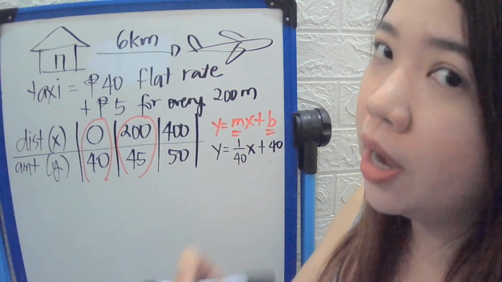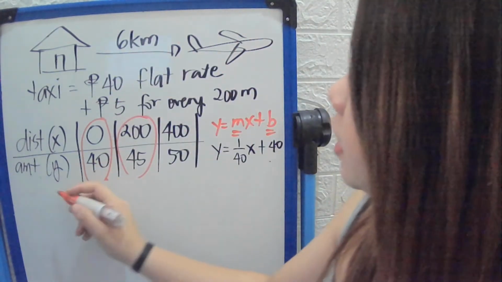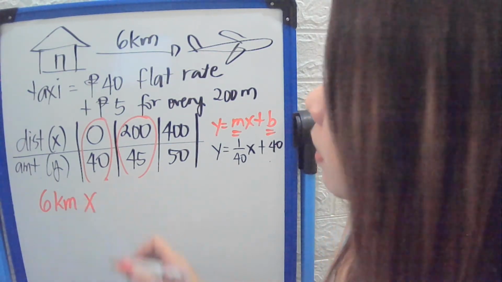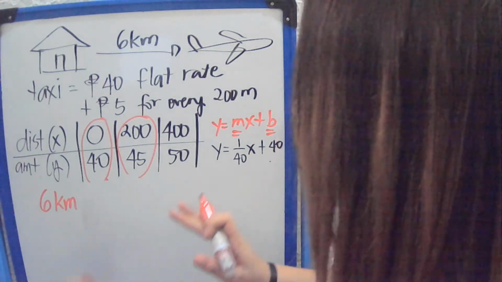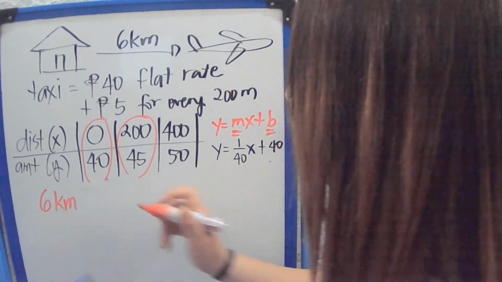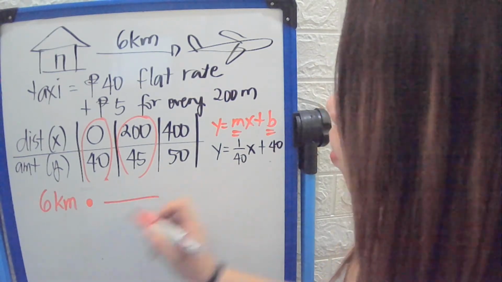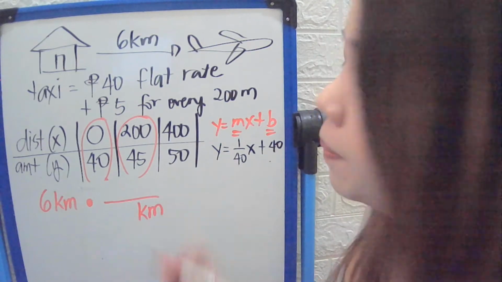So, turuan ko muna kayo mag-convert. Madali lang naman. So, ang target natin, 6 kilometers. Diba? 6 km. Now, use multiplication symbol. Or pwedeng huwag ng x kasi lagi na tayong gumagamit ng x sa algebra. So, let's use dot. Now, kung kilometers yung given mo, kilometers din dapat tong nasa ilalim.